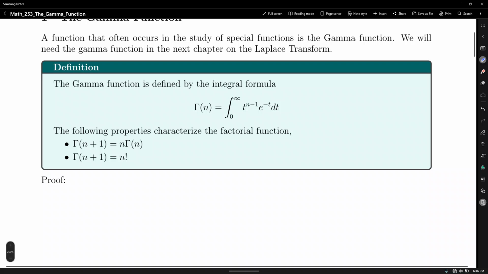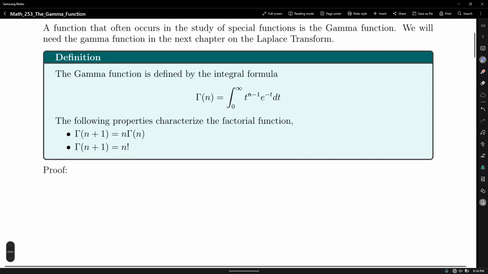Okay. So number one, gamma of n plus 1 is n times gamma of n, and also gamma of n plus 1 is equal to n factorial. So I'm going to compute gamma of n plus 1. I'm going to replace this n with n plus 1.